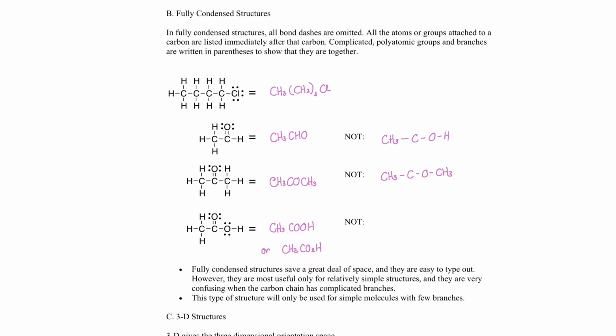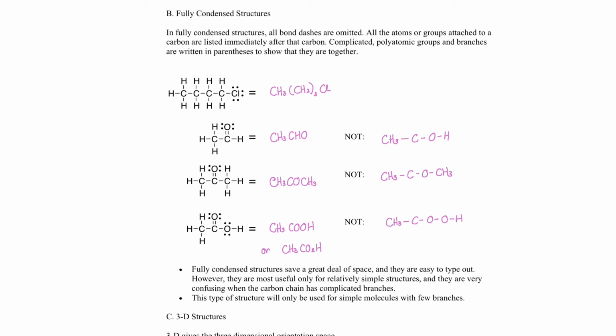And make sure that when you convert it back to the full Lewis structure, you don't try to draw a peroxide functional group, which is a single bond between 2 oxygens, right? The carbon here still doesn't have octet, right? It only has 2 bonds. Something's not right. You will need to draw it differently, all right?